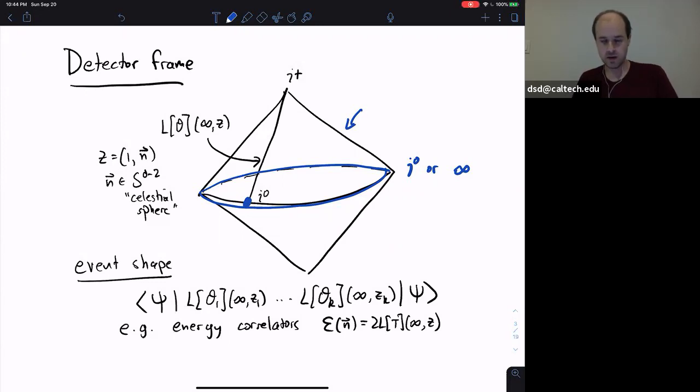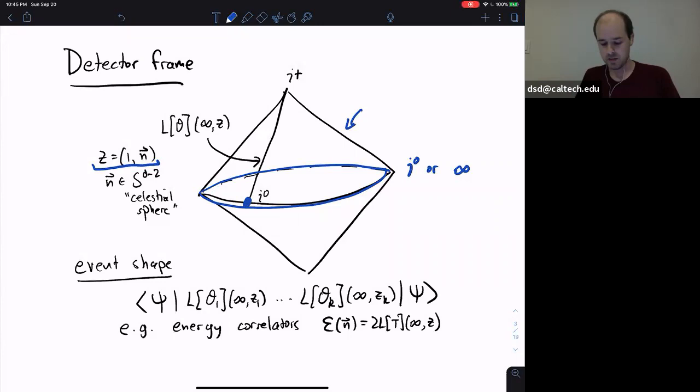In this frame, the remaining data that you have to specify to say where you're putting the operator is this null vector z. And we can write z in this form. I should have mentioned that these operators L of O and O are all homogeneous functions of z, so I can rescale z and write it in this form. And then n here becomes a point on the celestial sphere. So n labels the direction on the celestial sphere where we place this operator.